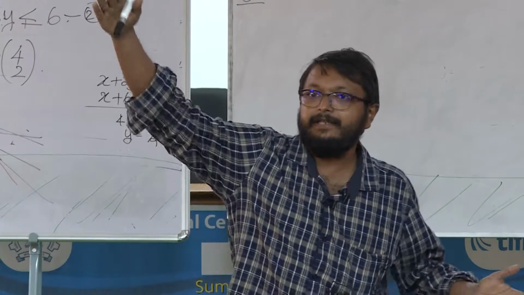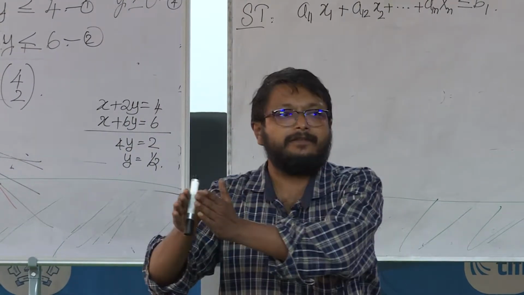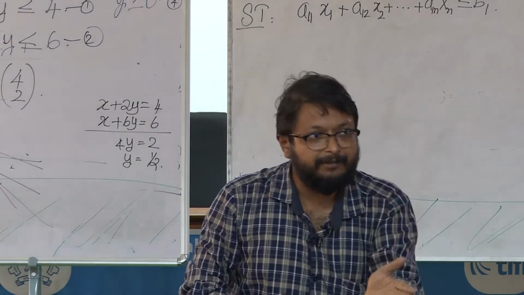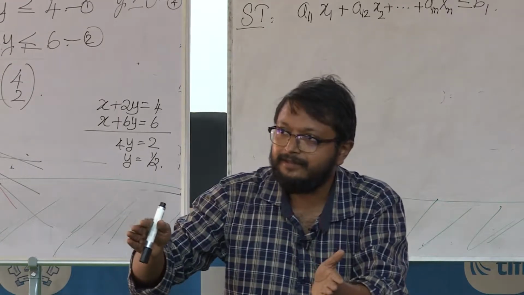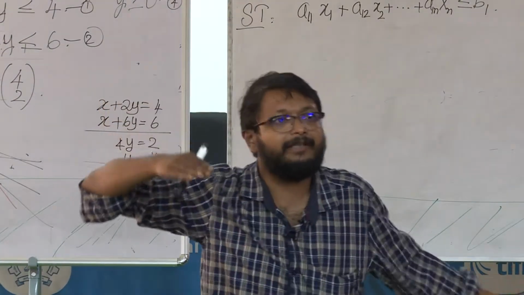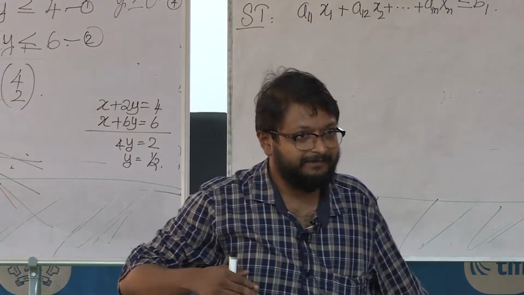So ax plus by plus cz equal to 0 defines a plane. Ax plus by plus cz equal to k defines a plane parallel to this, and any point will lie on some plane parallel to this, right?